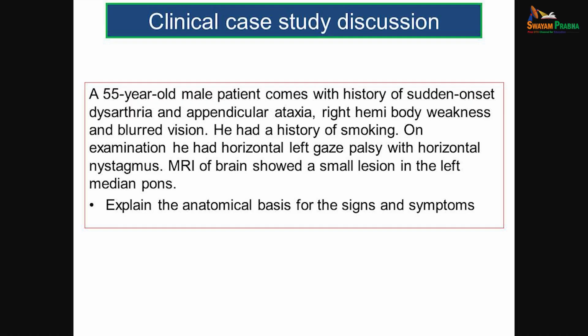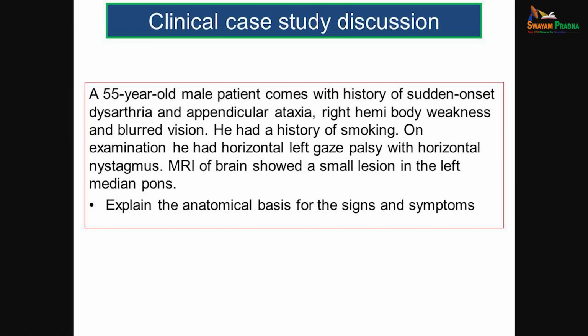So why is this dysarthria and appendicular ataxia? We know because the cranial nerves are involved and there is ataxia, meaning it is related with the cerebellum. So there are the pontocerebellar fibers and right hemibody weakness. That is mainly because the corticospinal fibers are affected, and there is blurred vision because the visual fibers are affected, and the abducent nerve is affected.